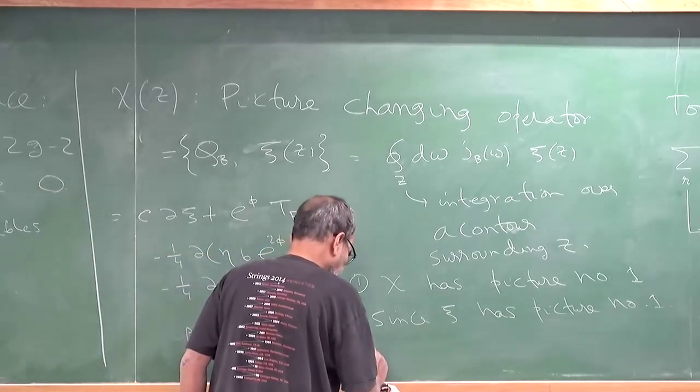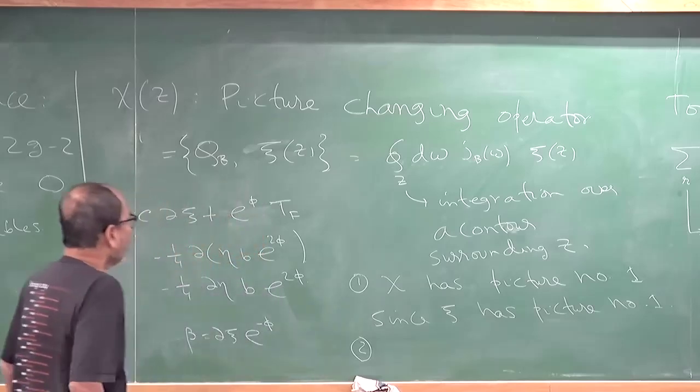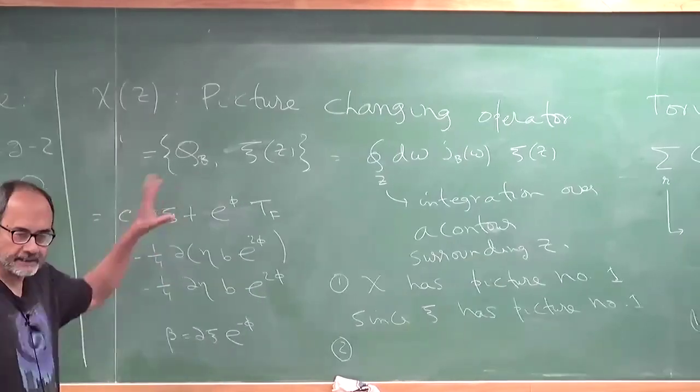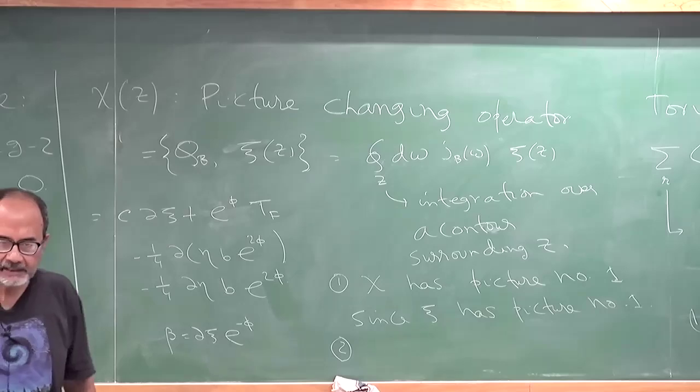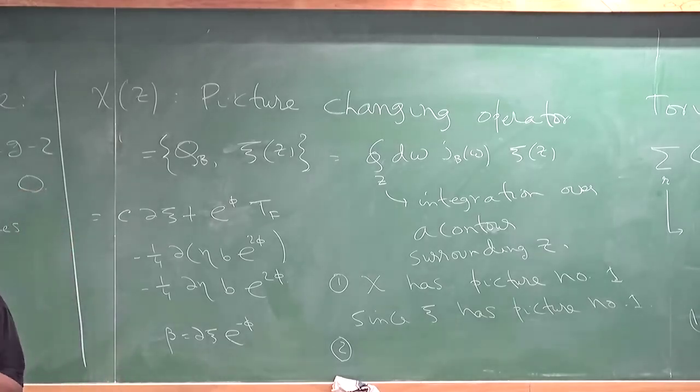Second, one might think that this is a BRST trivial operator. What do you mean by a BRST trivial operator? The corresponding state is BRST trivial, in the BRST homology.